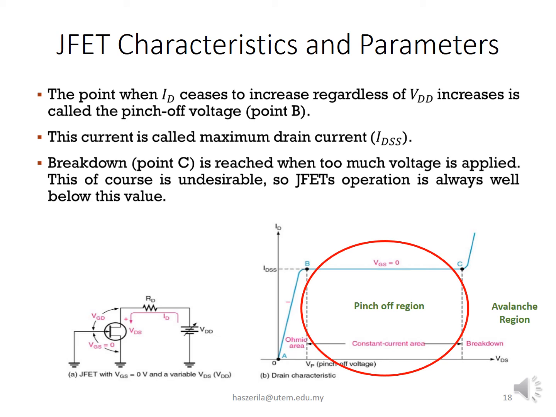This value of drain current is IDSS, which stands for drain-to-source current with gate shorted, and it is always specified on the JFET datasheet. IDSS is the maximum drain current that a specific JFET can produce, and it is always specified for the condition VGS equal to 0.